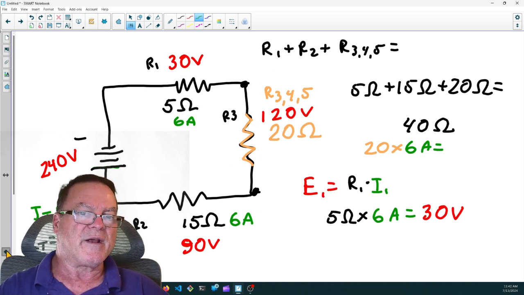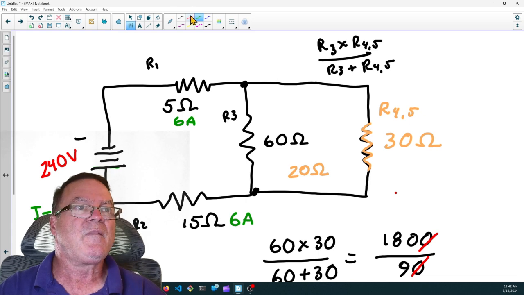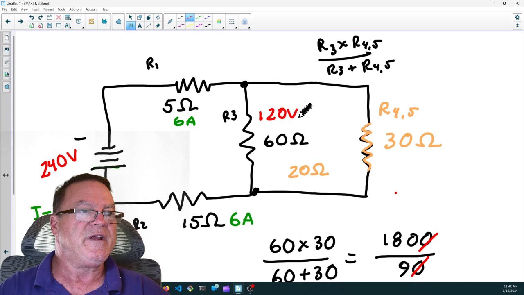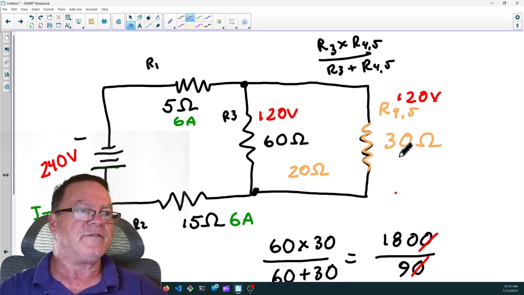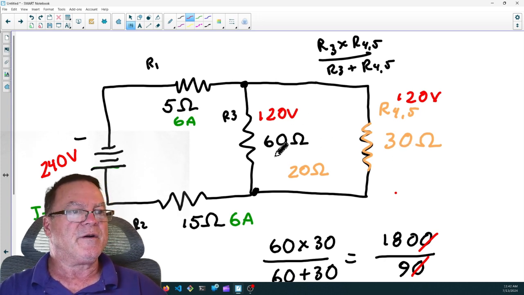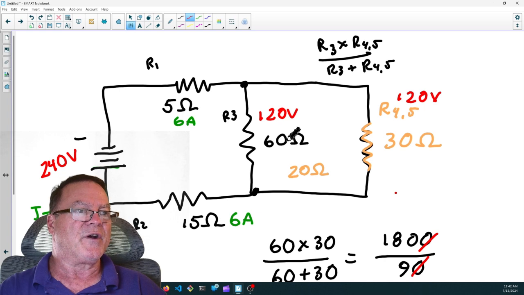So let's go back. We have 120 volts dropped across R3, and we have 120 volts dropped across R4, 5. So here we can find the current by saying 120 volts divided by 60 ohms. This is little Ohm's law. That gives us 2 amps.